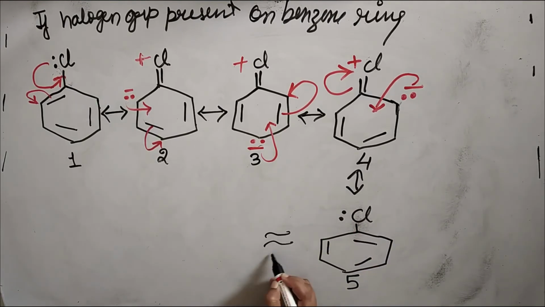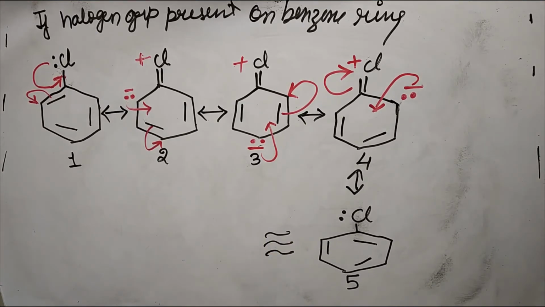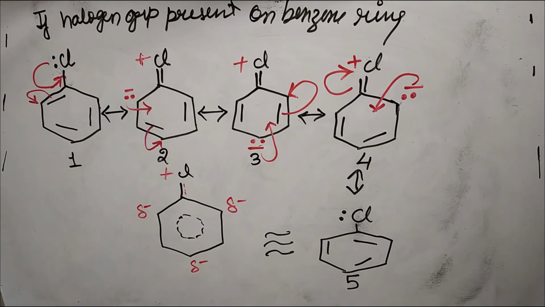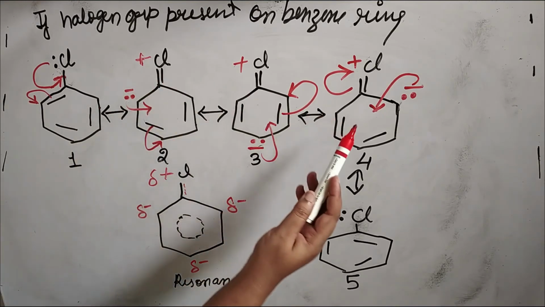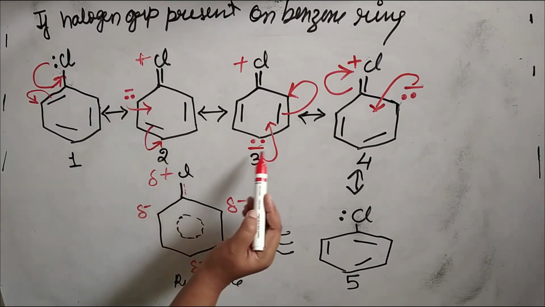Now let's draw the resonance structure of all these, 1, 2, 3, 4, 5. If we combine all five structures, let's see what the resonance structure will be. So this is the resonance structure if a halogen like chlorine is present. Here you can see the partial positive charge on chlorine, because in structures 2, 3 and 4 you can see positive charges there, and at the ortho and para positions the negative charges are there.